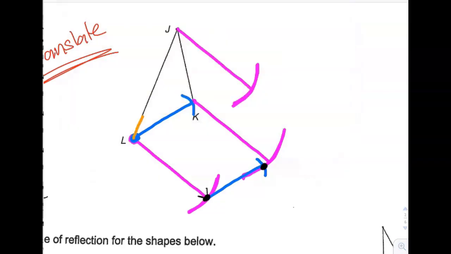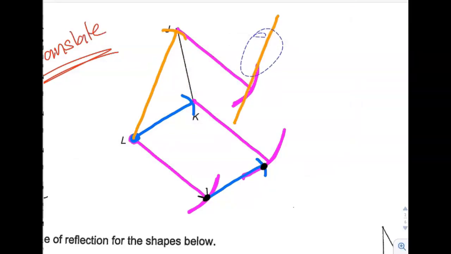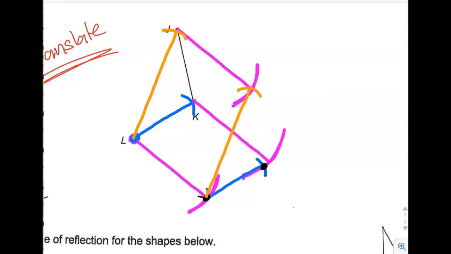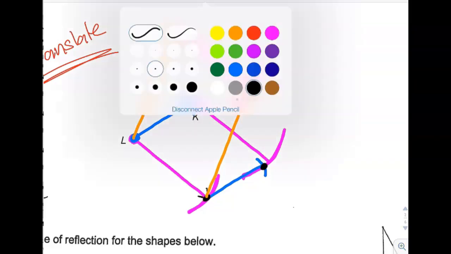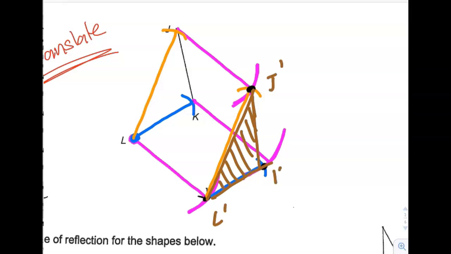And then you go from L to J, and however long that was, you go to the new L and go up to J. And it's going to hit here. They intersect right there. So your final answer is right here. That's L prime, J prime, K prime.